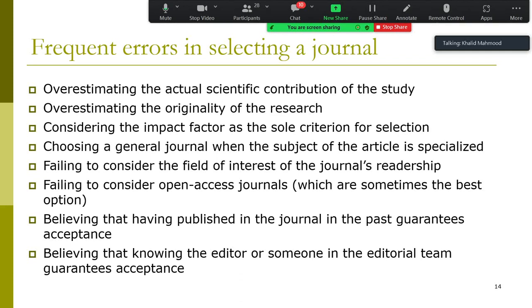The editor or members of the editorial team are sometimes your friends, your colleagues, but as far as article publishing is concerned, they always look at your articles professionally. They professionally evaluate your research and decide about its publication.